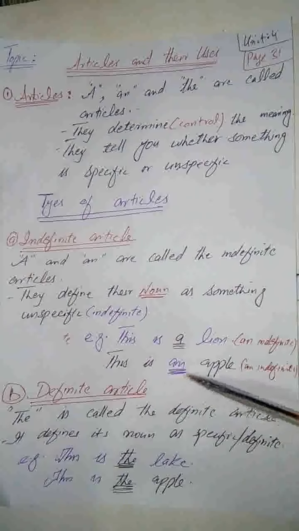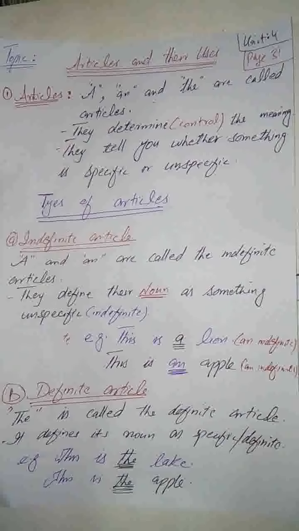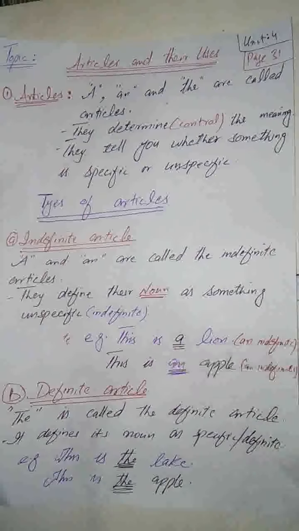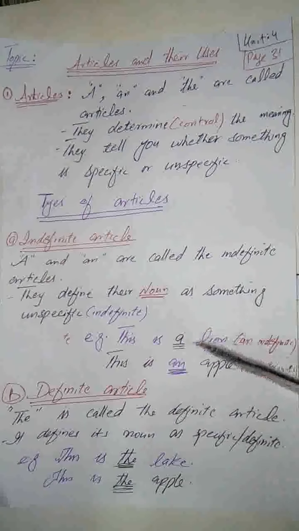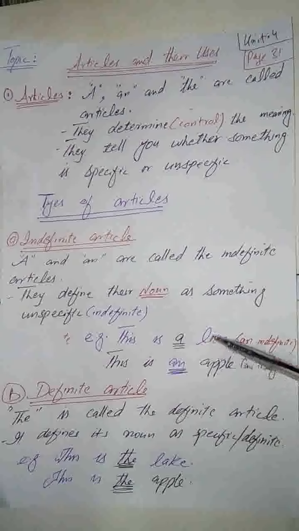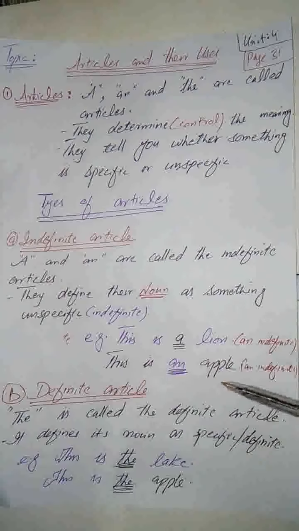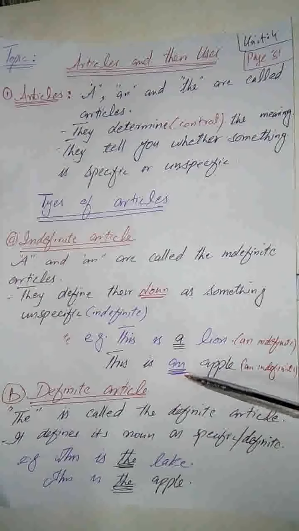The function of these two is the same, but why with some words do we use a and with some words do we use an? So it depends on the sound. If there is a consonant sound, you have to put a. If there is a vowel sound, you have to put an.